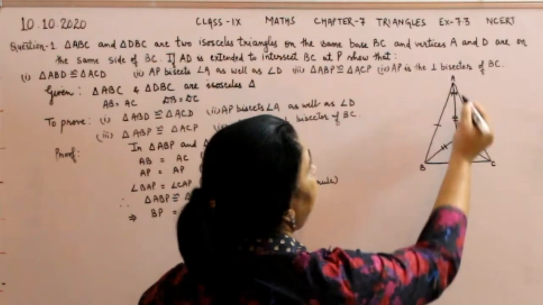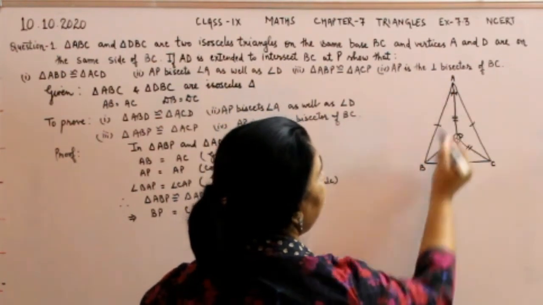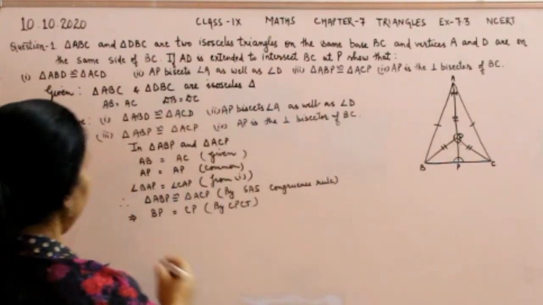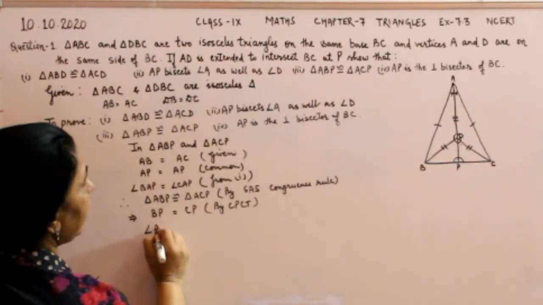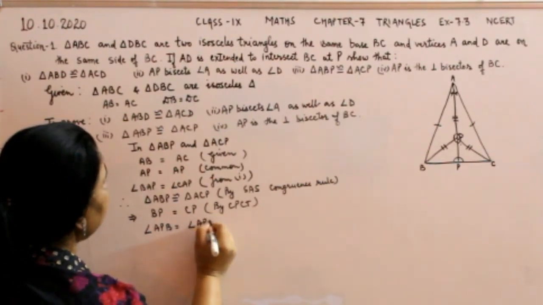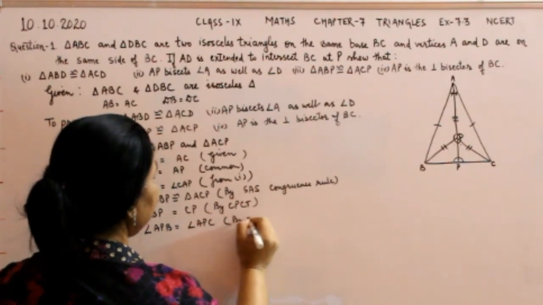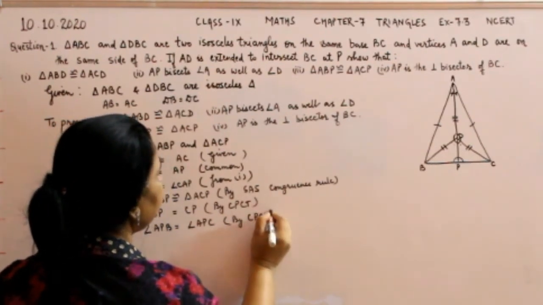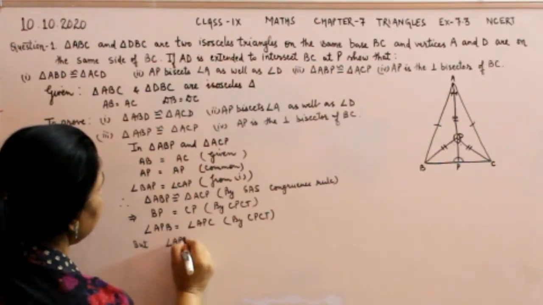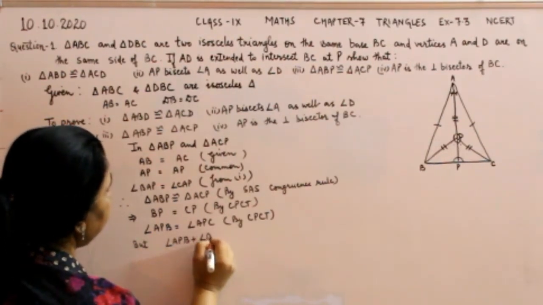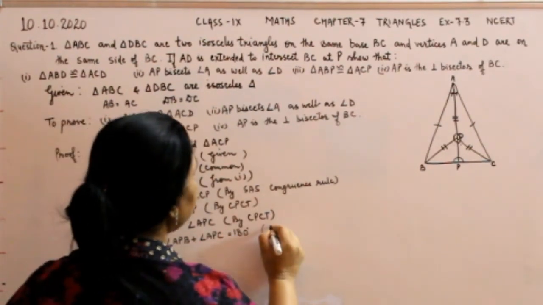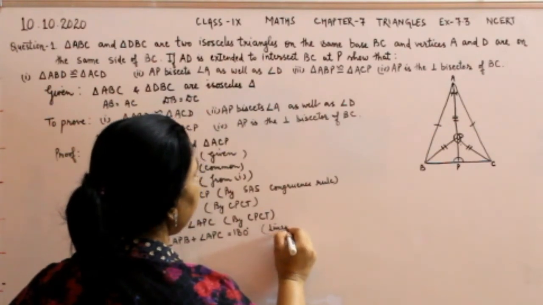So if we look at these two angles, APB and APC, they are forming a linear pair. Angle APB is equal to angle APC by CPCT. But angle APB plus angle APC is equal to 180 degrees, because they are forming a linear pair.